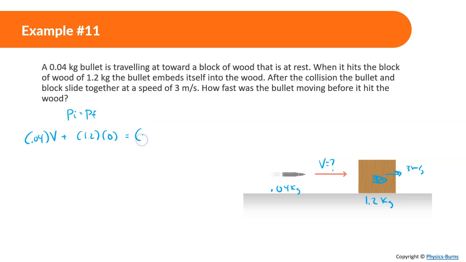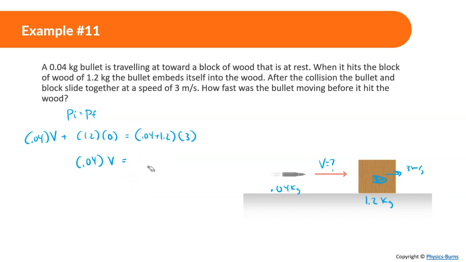After the collision, they combine 0.04 plus 1.2, and they move together at a speed of 3 meters per second. So let's simplify things. We have 0.04 times V is equal to 1.24 times 3.